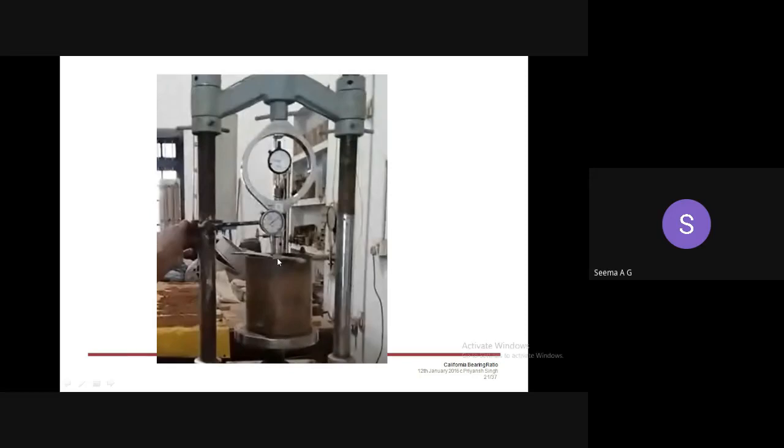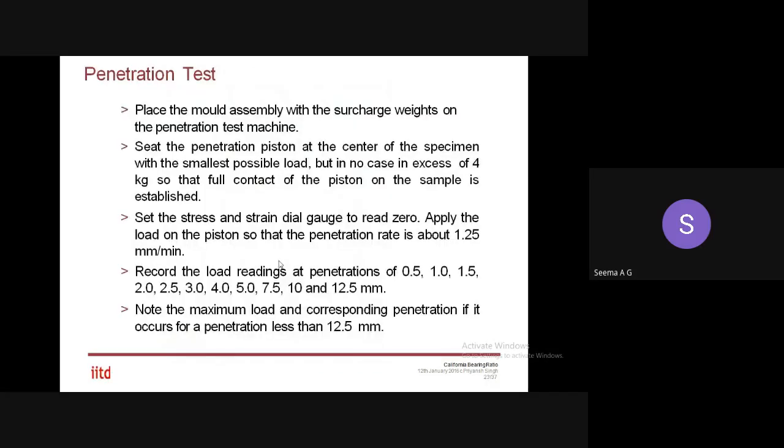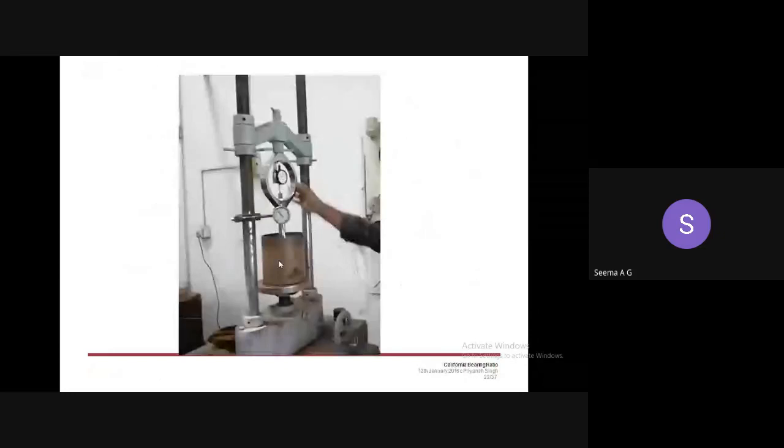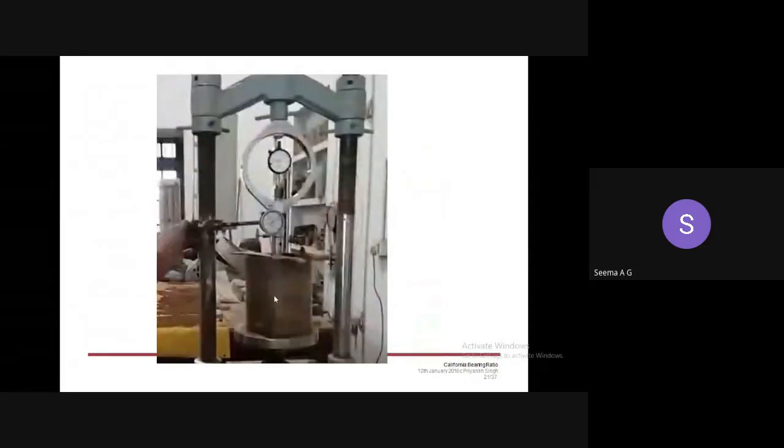Then the filter paper on the top is removed. Then an annular weight is placed at the top of the soil sample.